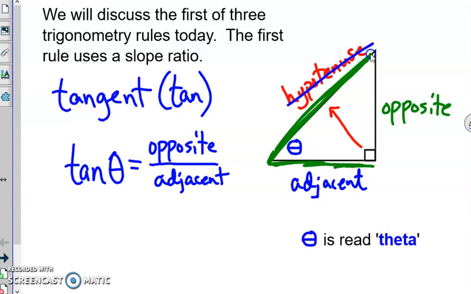So we do not use the hypotenuse at all for this rule. Like the calculator problem, the tangent of 45 degrees was 1. That meant that the opposite side and the adjacent side were both the same number. From last week's problem, when we looked at the slope triangle, the rise and run were the same numbers, so it was an isosceles right triangle.